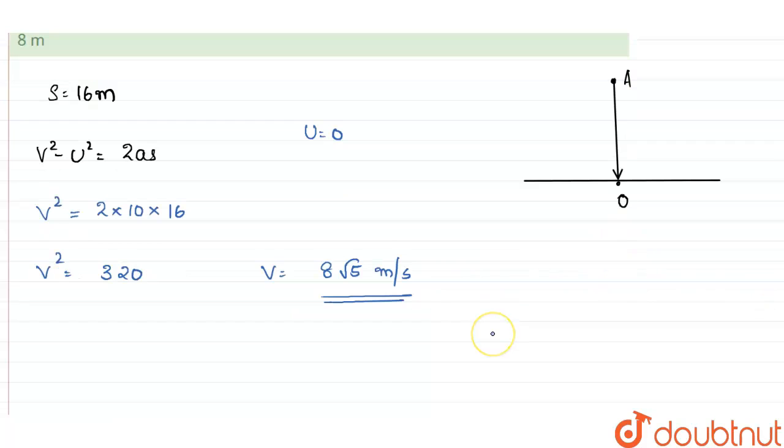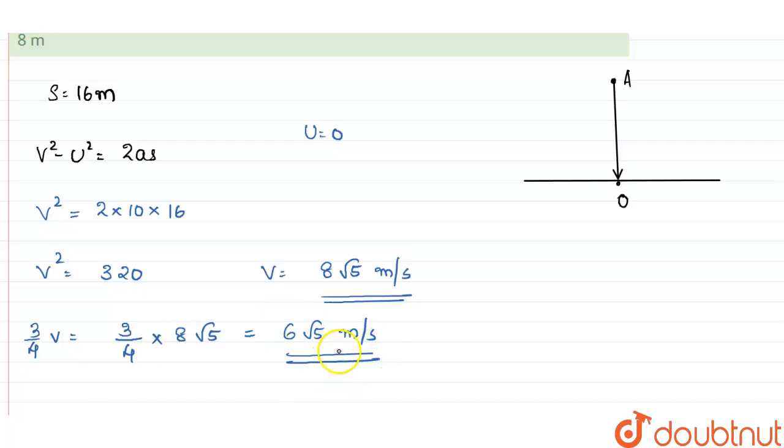Now, when it hits the ground, it loses 25% of its velocity, so only 3/4 of its velocity is remaining. That is 3/4 into 8 root 5, which is equal to 6 root 5 meter per second.